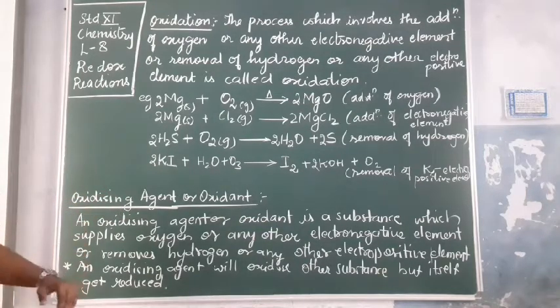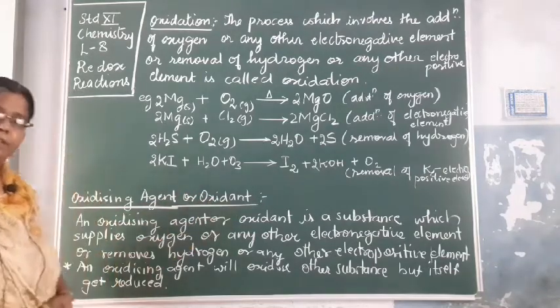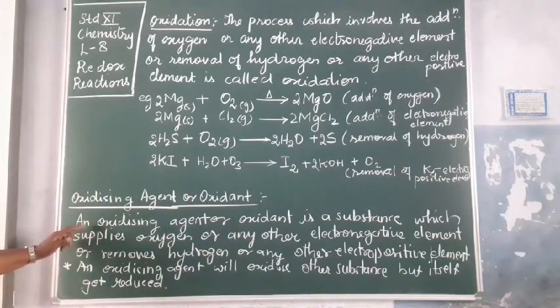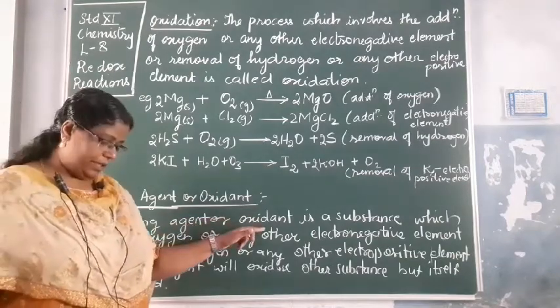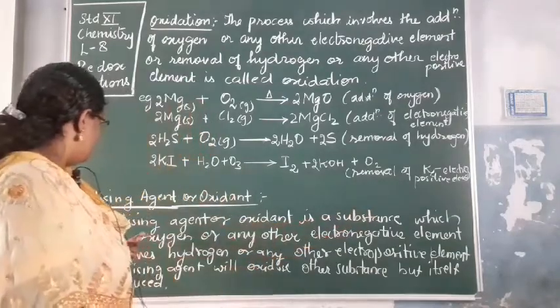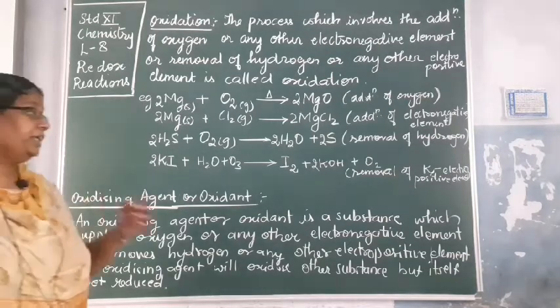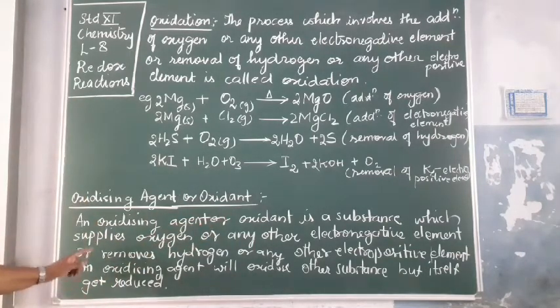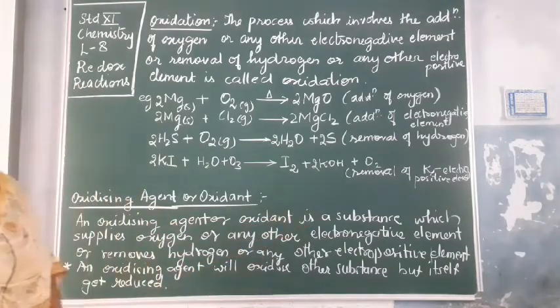Now what do you mean by oxidizing agent, or we can call it an oxidant? An oxidizing agent or an oxidant is a substance which supplies oxygen or any other electronegative element or removes hydrogen or any other electropositive element.